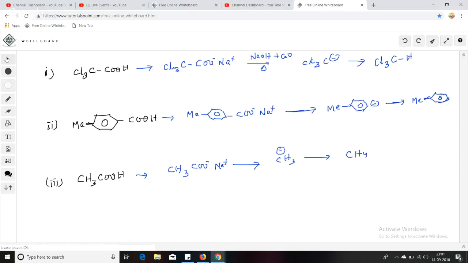So decarboxylation will be easier when this anion is stable. If this anion is more stable, then decarboxylation will be easier. Obviously, if you compare, we have the minus I nature of this chlorine here, and here we have the plus I nature of this methyl.